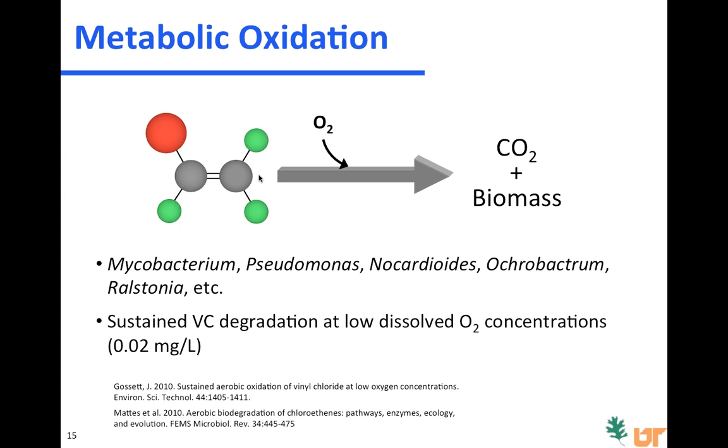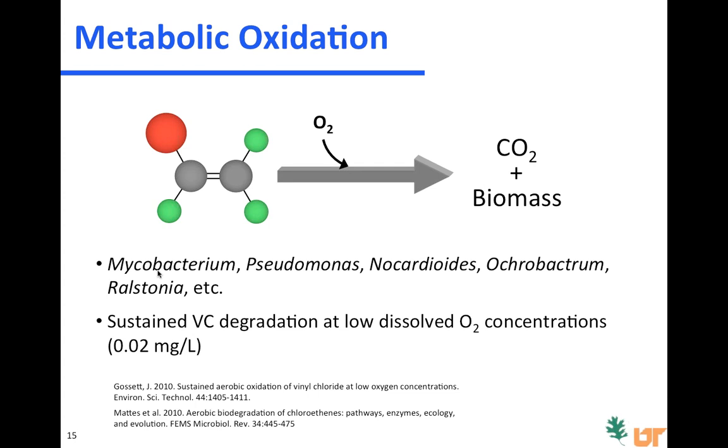So in metabolic oxidation, organisms use vinyl chloride as a source of carbon and energy. They require oxygen for this process. And some of the organisms that can do this belong to these genera Microbacterium, Pseudomonas, Nocardioides, Ochrobactrum, Ralstonia, and others.